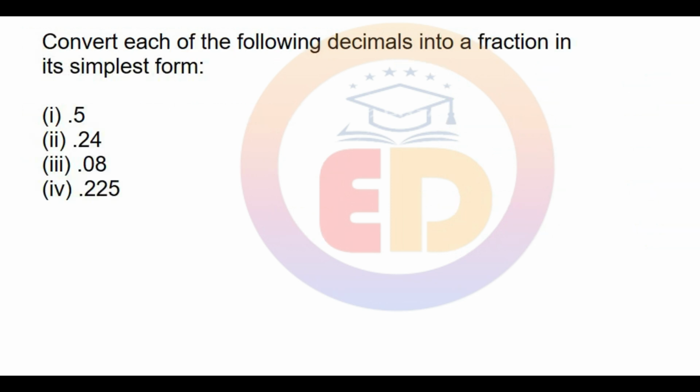Now coming to the most important part, convert each of the following decimals into a fraction in its simplest form. Now understand 0.5. Here 0.5 has only a decimal part. There's nothing on the left side of the decimal point, so there's no whole number part.